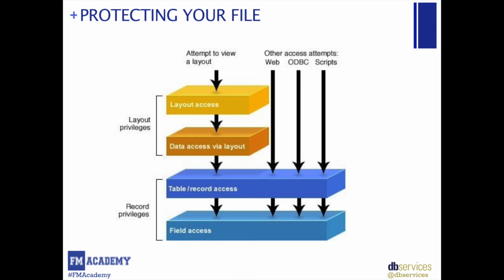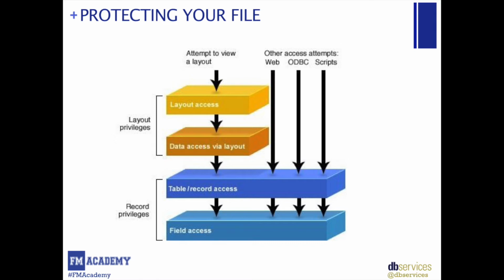To me, this is an important way of visualizing the fact that layout interface level security, in other words, you're making your navigation the security, you're clicking on buttons to navigate to separate areas in your system, and maybe inside your script you're saying, you know, if the account name equals manager, take them to this layout, otherwise don't let them in. This can be circumvented fairly easily if you have the server turned on to allow web access or ODBC access or through other scripts.